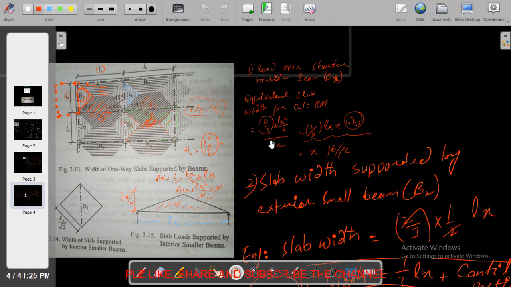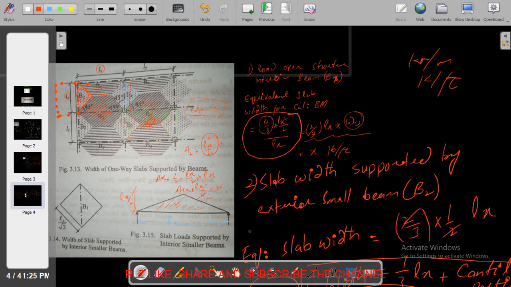So this is the width. We have to multiply the load which we calculated in this lecture with this width, and we will get the load as kilonewton per meter or kip per feet, but this is for this B1 beam.